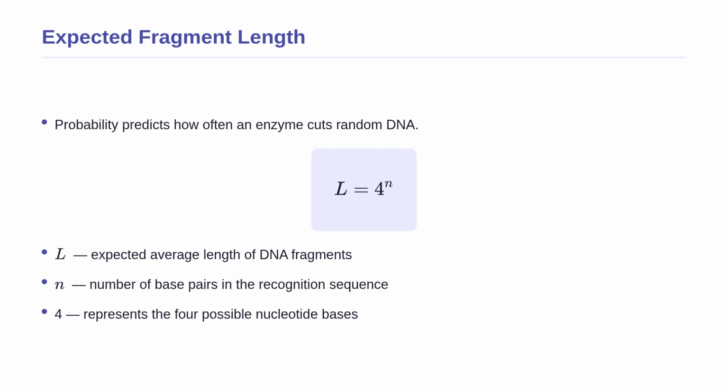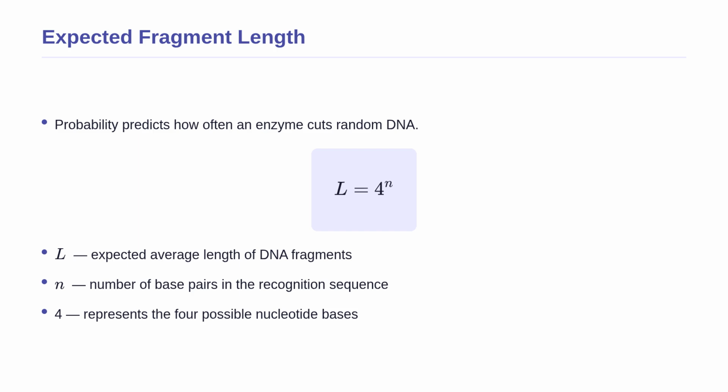While biology might seem free of math, we actually use probability to predict how often a restriction enzyme will cut a piece of DNA. This brings us to the formula for expected fragment length. L equals 4 to the power of n. Conceptually, this formula calculates the average distance between cuts by looking at the probability of a specific sequence appearing by chance. In this equation, L represents the expected average length of the DNA fragments after cutting, measured in base pairs.